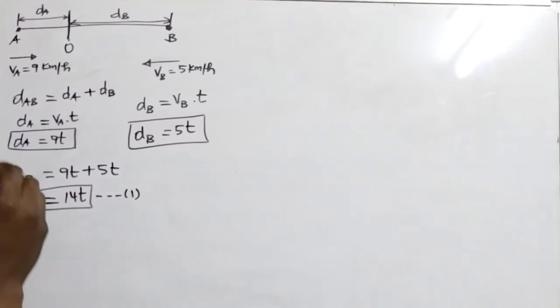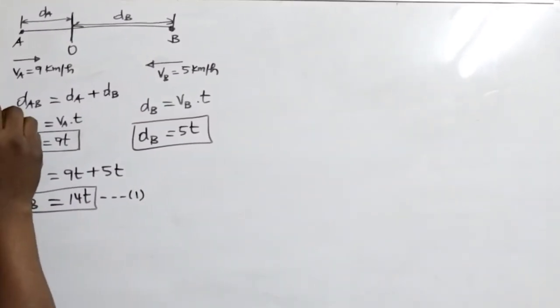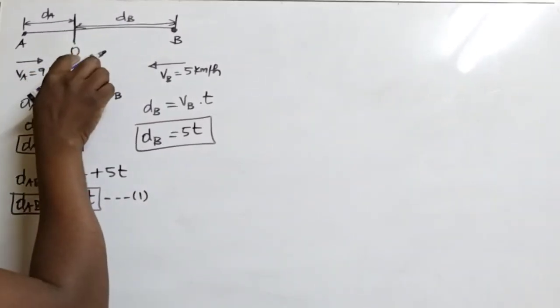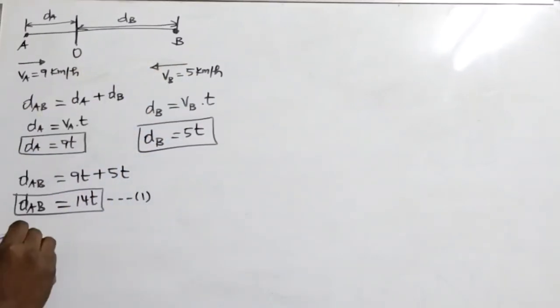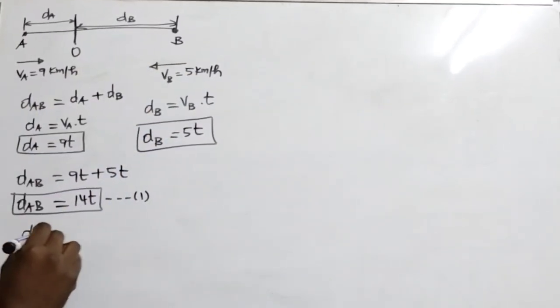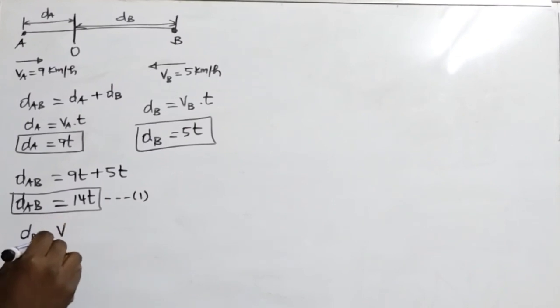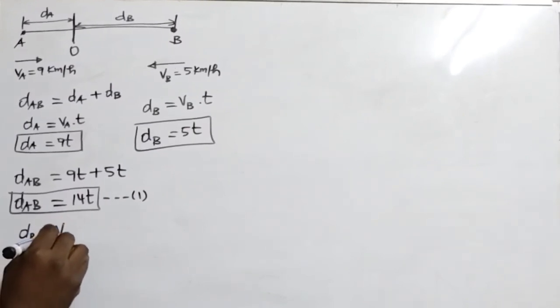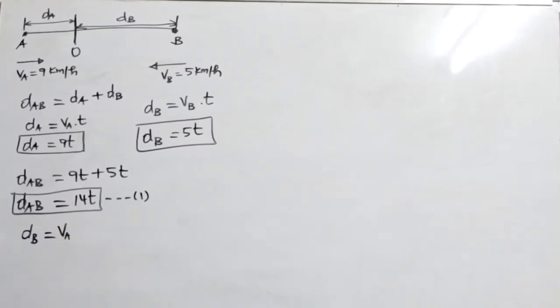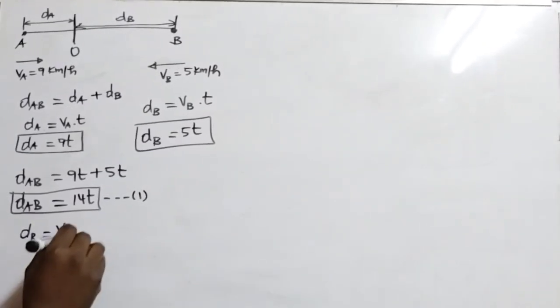So I'm going to write down the distance covered by the vehicle from O to B. That distance, dB, will be equal to the velocity of the vehicle times the time.